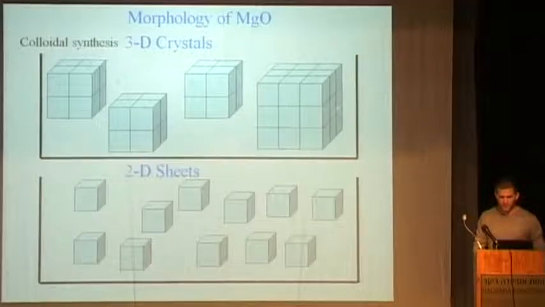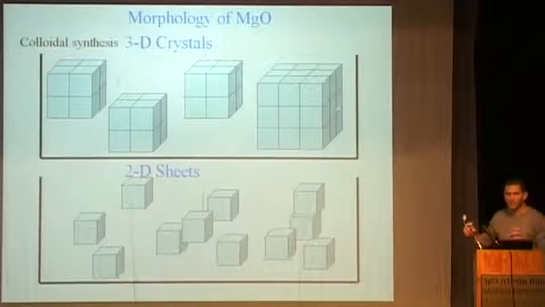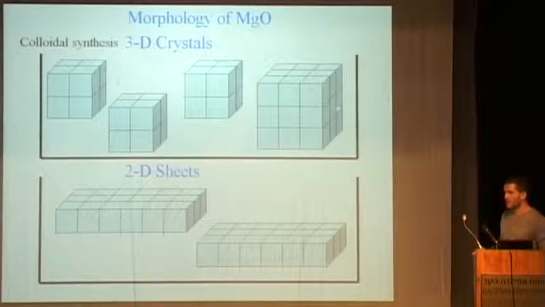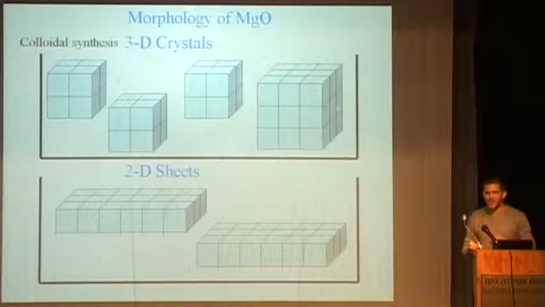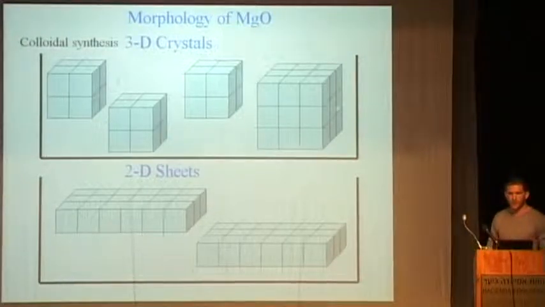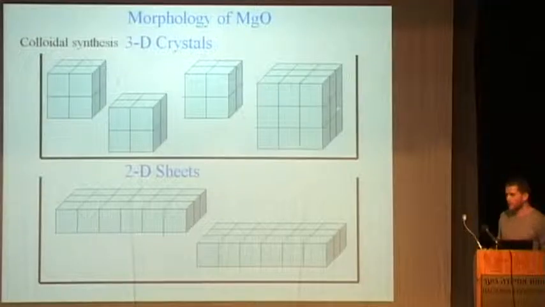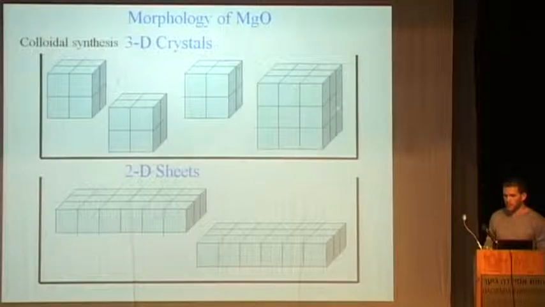In our synthesis, because it's a colloidal synthesis, you have a lot of cubes that float, and what happens is that you get a two-dimensional sheet. Intuitively, it won't give you the minimum energy as a surface-to-volume ratio. But it was seen before, 3 years ago, by Kotov with cadmium telluride. He explained that in order to have it, you need to have a few forces, and you need to have a large dipole moment.